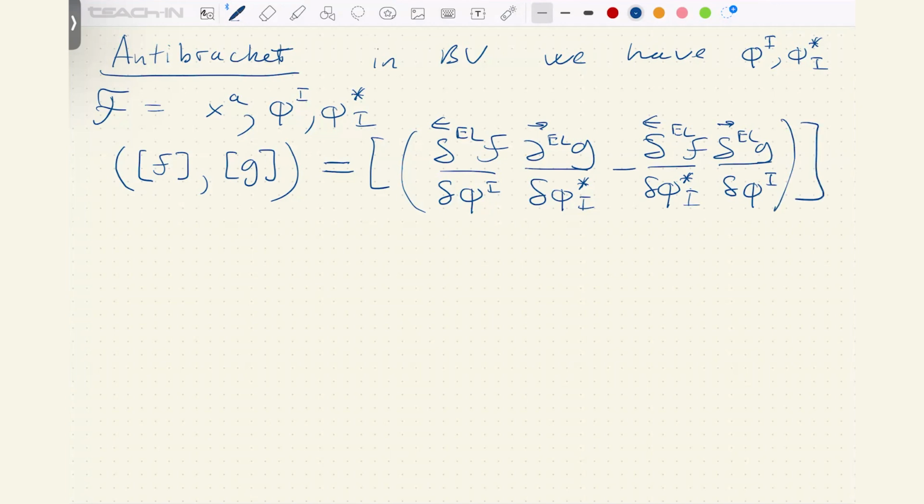This way the definition is good because Euler-Lagrange derivative annihilates total derivatives. It doesn't depend on representatives, so it is well defined.